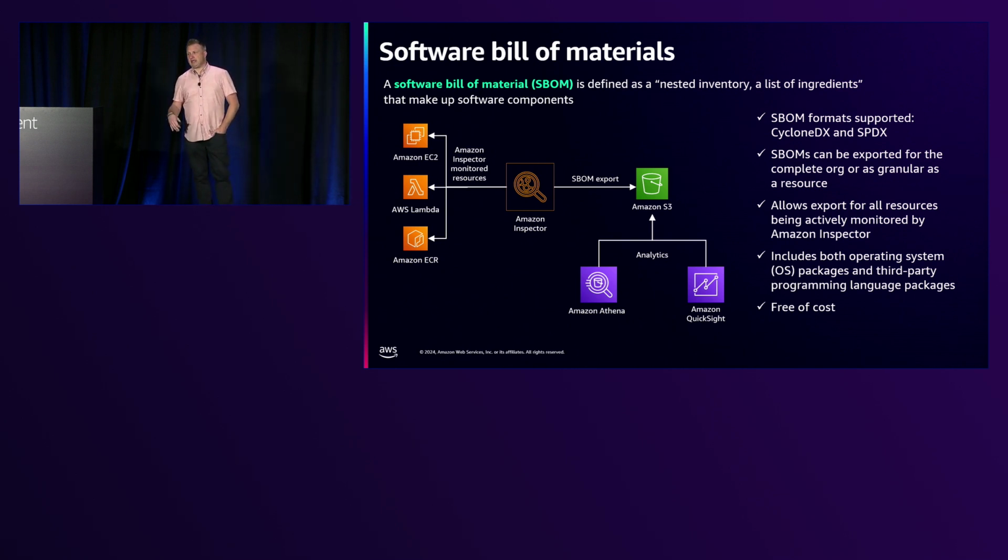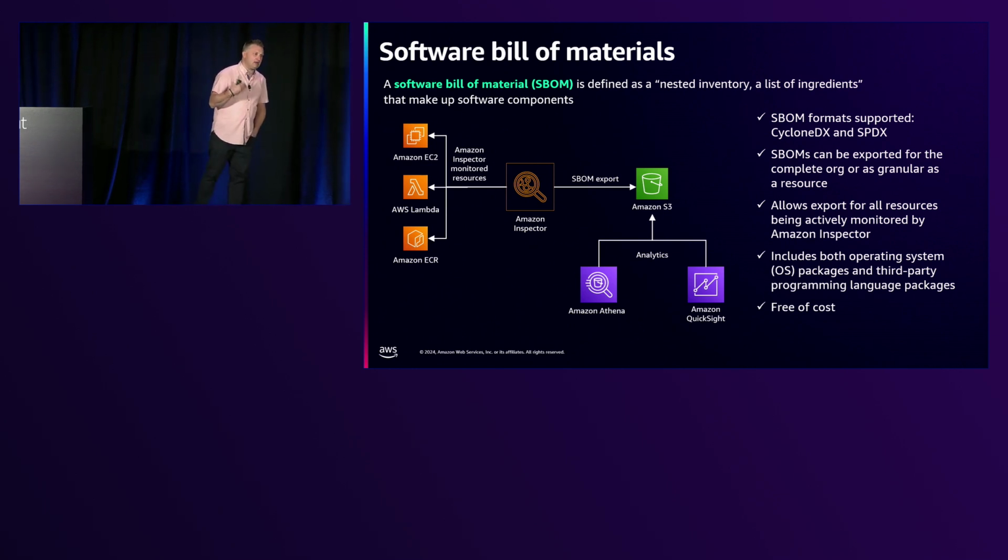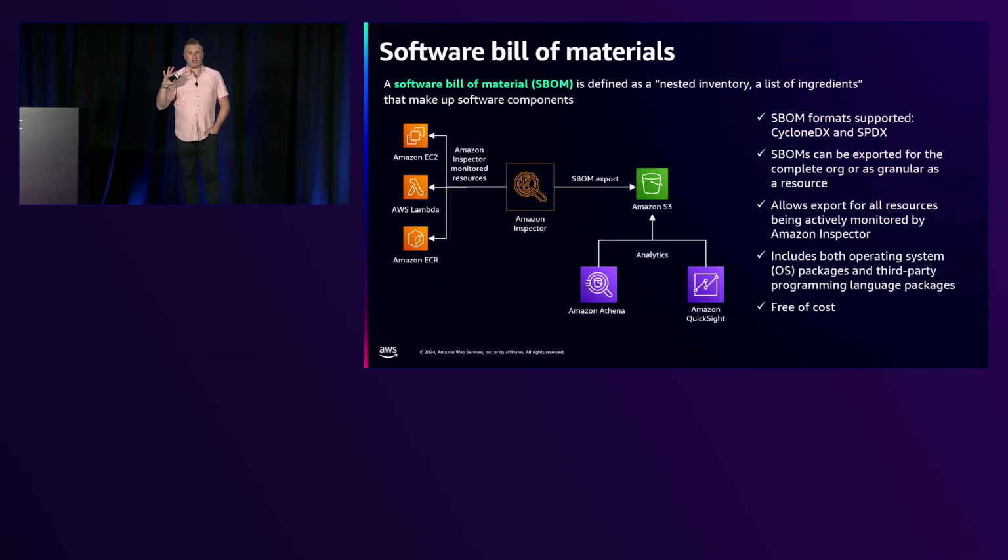The SBOM will be in one of two formats, your choice, either CycloneDX or SPDX, the two leading standards for SBOM generation. And that will include all of the dependencies, both the OS packages and the software packages. For example, if you're using Java, these would be the JAR files that you're dependent on. If you're using JavaScript, the dependencies in your package.json and so forth. All of those dependencies, with the versions, would be clearly enumerated in that SBOM that gets generated.